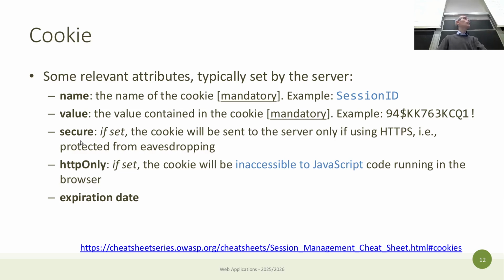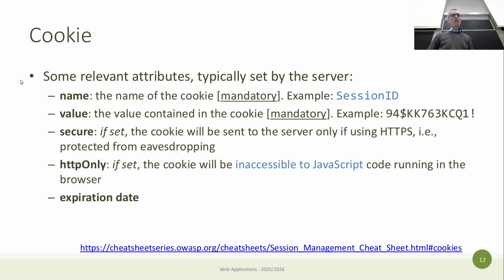So just in case, I would say this is an indication for the browser to avoid sending the cookie if the connection is not encrypted. Okay, so just in case you make a mistake in the programming of your application, or maybe somebody tricks you into accessing some servers without using encryption, the browser will not send the cookie.